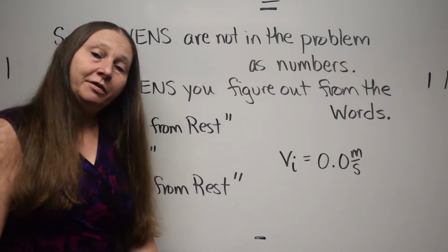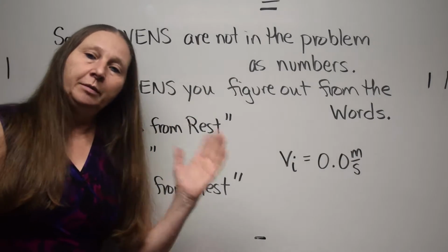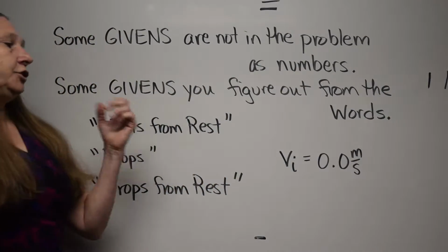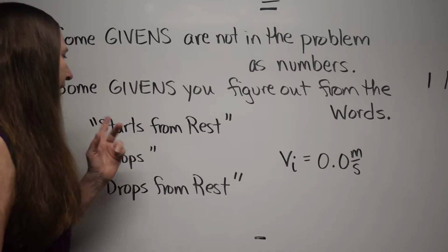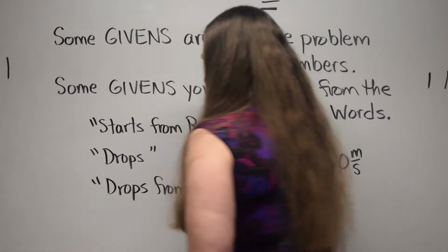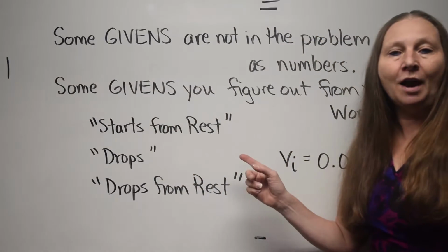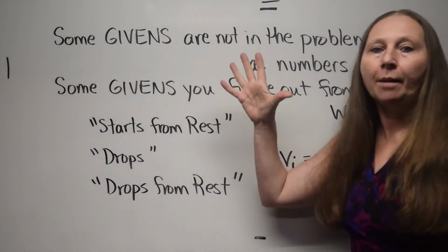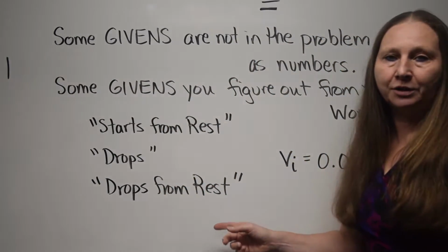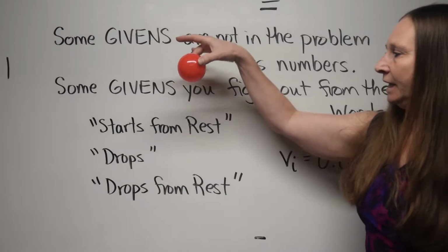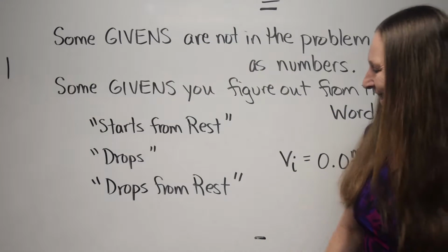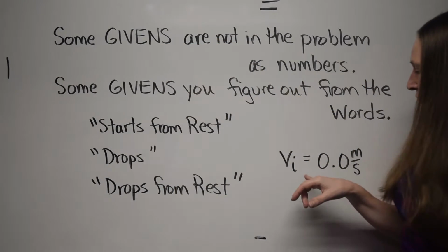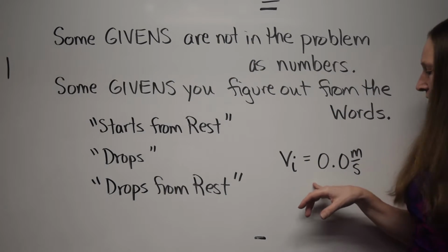Now, some givens are not in the problem as numbers. Some givens you figure out from the words. For example, if the problem says starts from rest or drops from rest, right? For example, if I take this ball and just let it drop, then the initial velocity of the ball was 0.